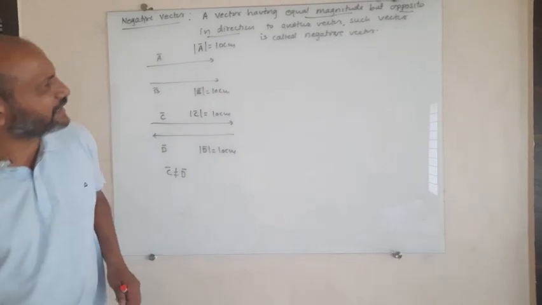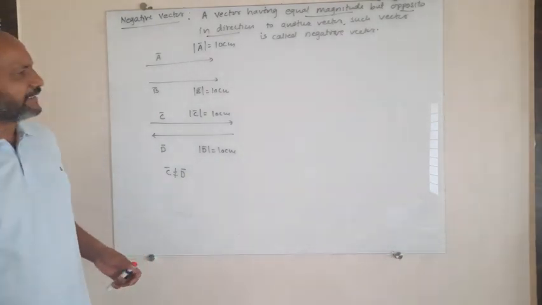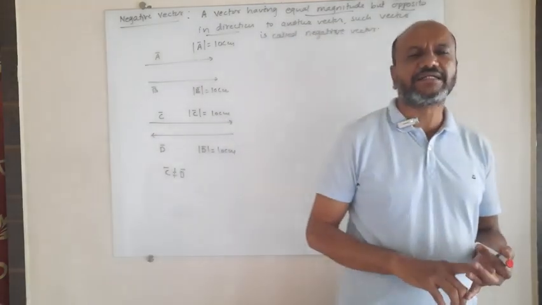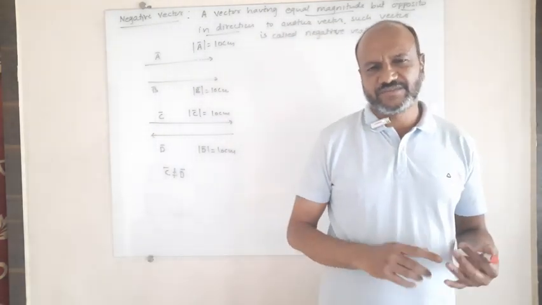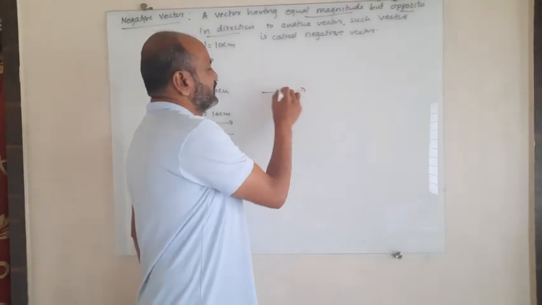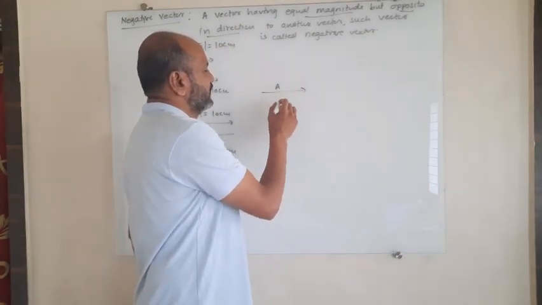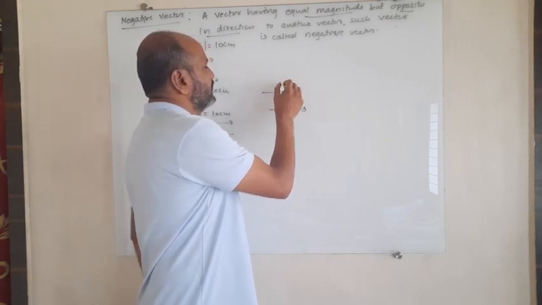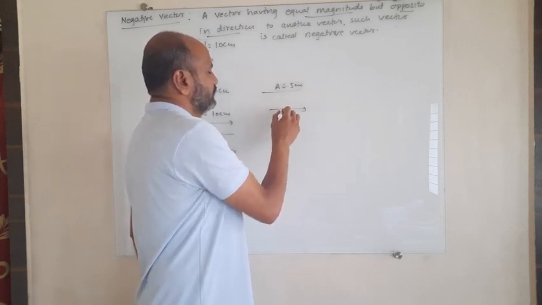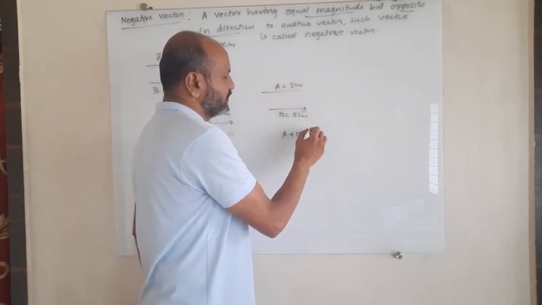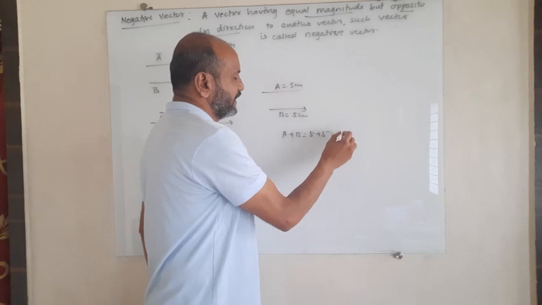Now listen, important thing: in case of vector addition, subtraction and multiplication, in the algebraic method, we are taking the lengths of a and b. Here a is equal to 5 centimeter, b is equal to 5 centimeter, therefore a plus b is equal to 5 plus 5, 10.